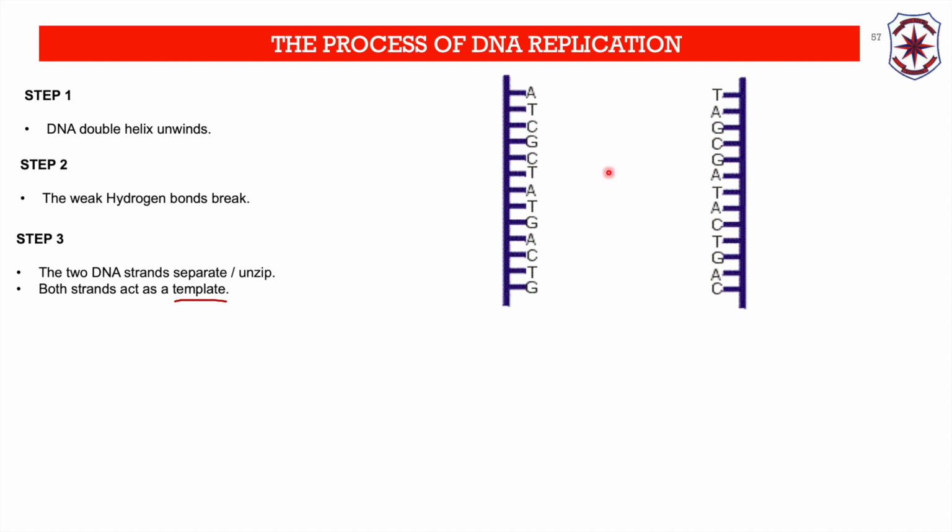Because they need to be easily broken by enzymes during DNA replication. Hence, we call them weak hydrogen bonds. If they were strong, they would not be able to be broken by enzymes, and therefore DNA would not have the ability to make copies of itself. After they separate, both strands will act as a template.